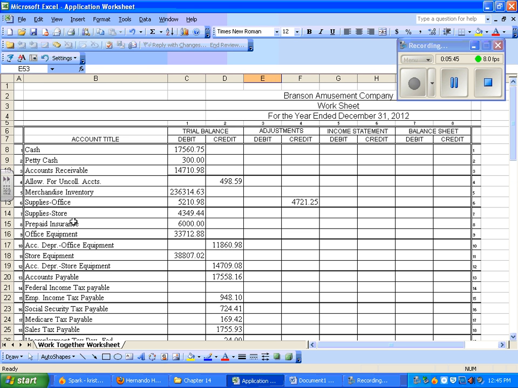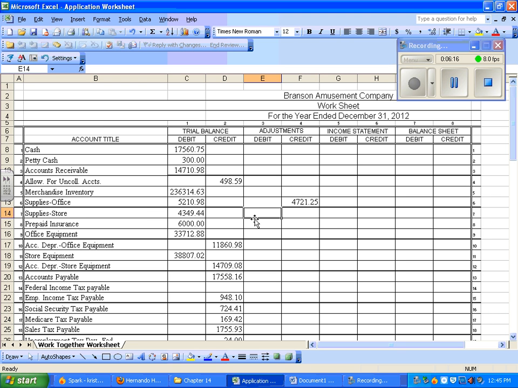Now we're going to go up here and we're going to look at our supplies store. Our books say we have 4349.44 right there. We did a physical count. We actually determined that we don't have 4349.44. We have 701.19. So if we want to adjust this 4349.44 to make it become the actual 701.19, we need to reduce it by 3648.25, which is the difference.